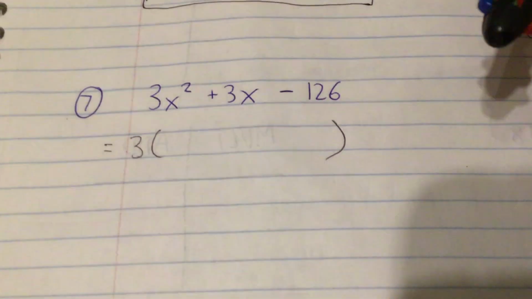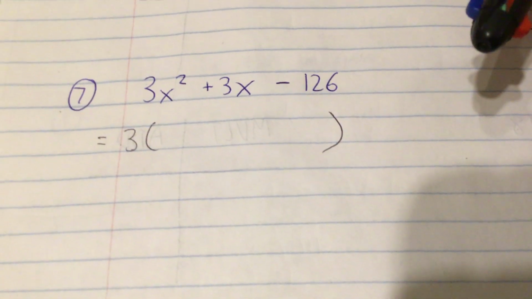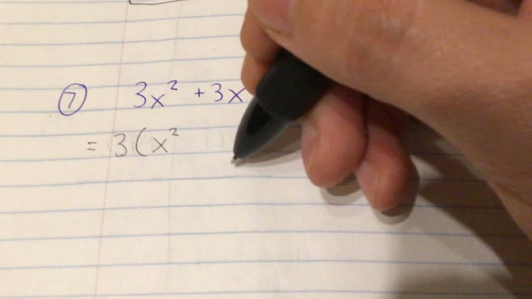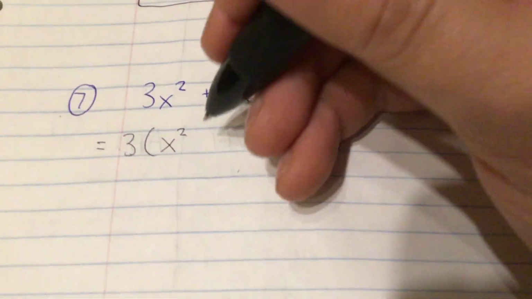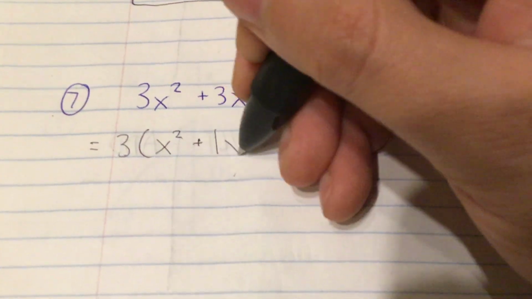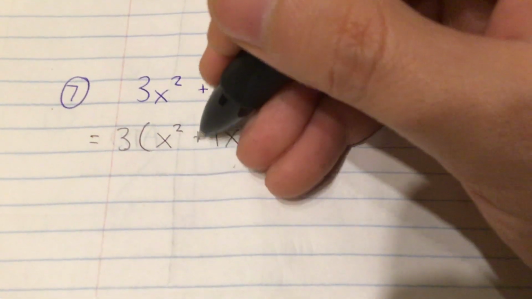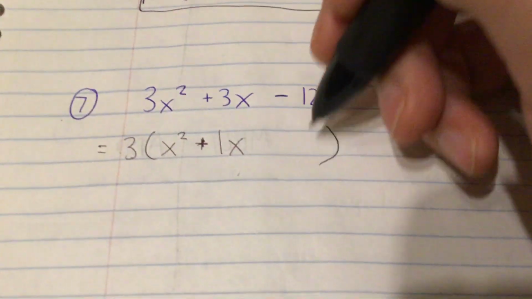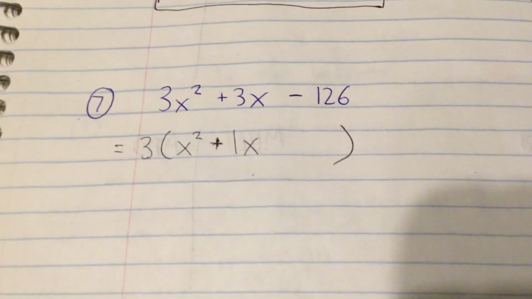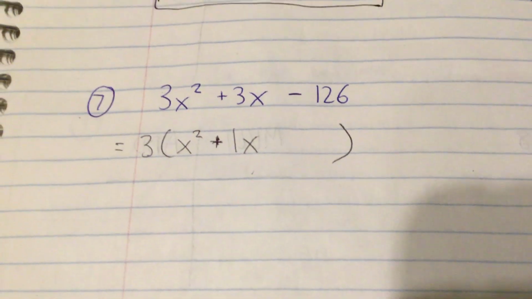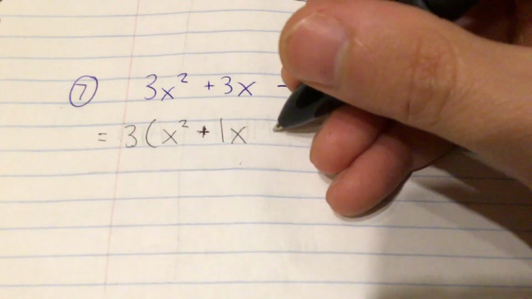I'm going to factor out the 3. 3 times what is 3x squared? x squared. 3 times what is positive 3x? Well, positive 1x or positive x, whichever you prefer. 3 times what is negative 126? That'll be negative 126 divided by 3, which is negative 42.